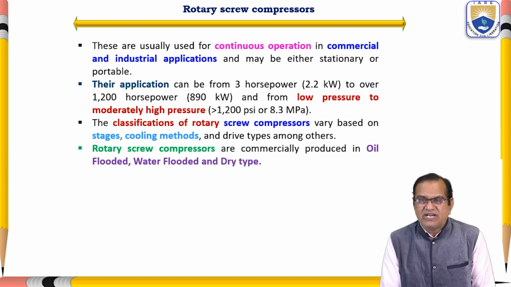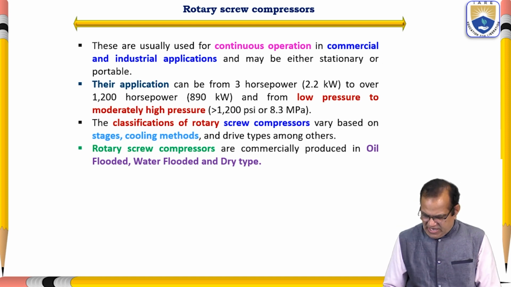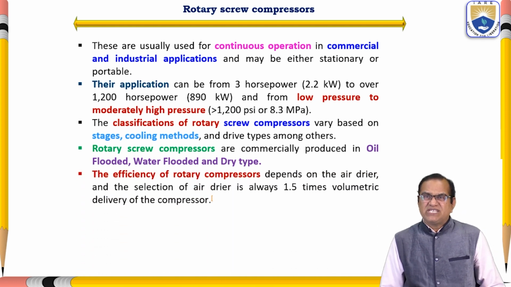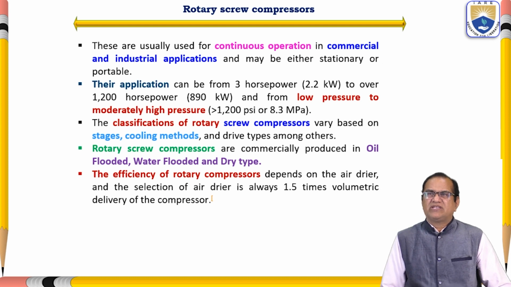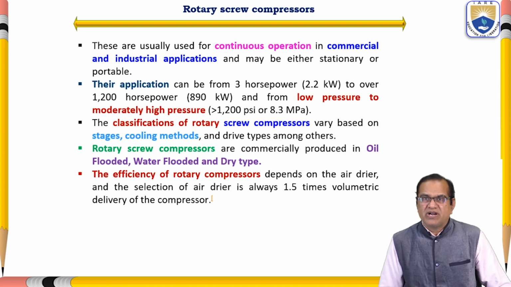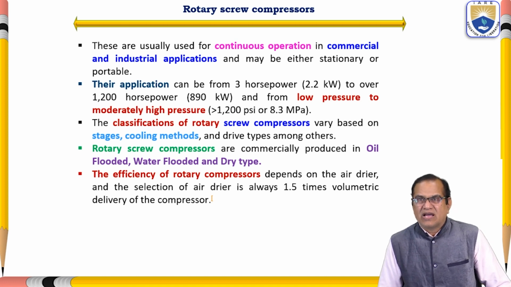One is oil flooded, meaning oil is inside, one has water inside, and one is dry, where we don't put anything. The efficiency of the rotary compressor depends on the air dryer, and the selection of the air dryer is always 1.5 times the volumetric delivery of the compressor.